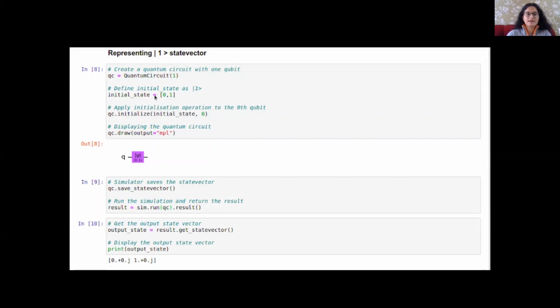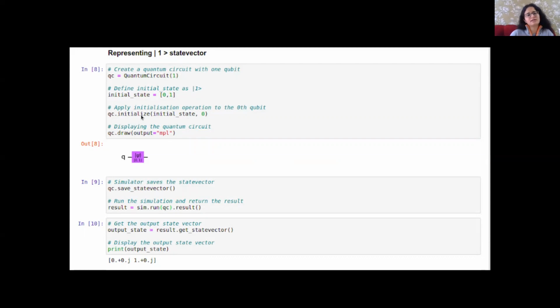Initialize lets us change the state of the qubit, because Qiskit by default initializes a qubit in ket 0 state. But if we want the qubit to be in some other state, we initialize it by just providing the row matrix of the state we want. We want ket 1, so we just said 0, 1. And this is how we represent ket 1, which we have discussed previously.